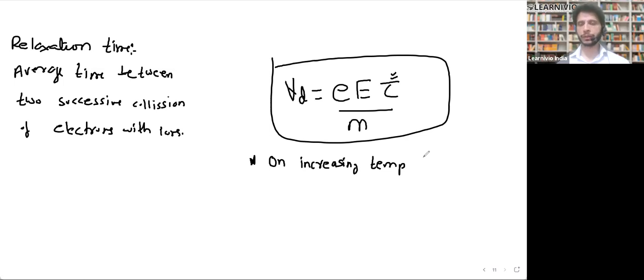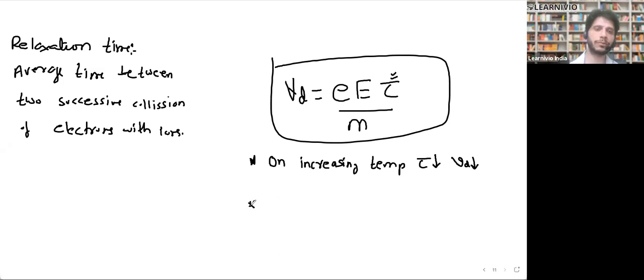Due to the increase in thermal energy, electrons collide more frequently with the ions. Due to those frequent collisions, the relaxation time decreases, and therefore the drift velocity Vd decreases.